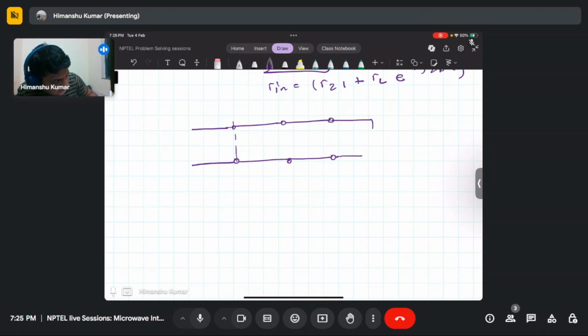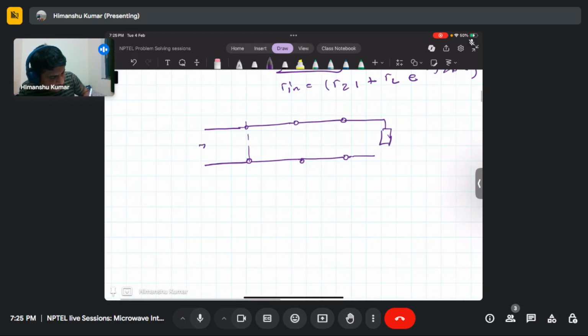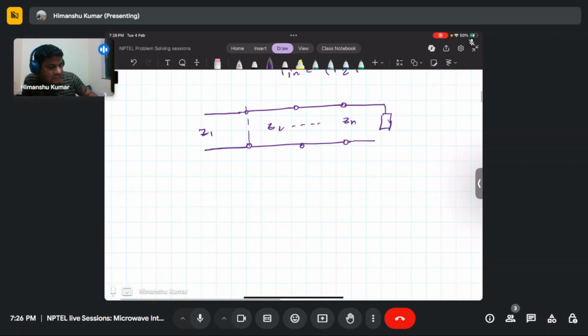Similarly you can form this network where this is Z1, this is Z2, and supposedly this is Zn. You are taking an n-section network, and you are considering the length of this line. Let's simplify the case.